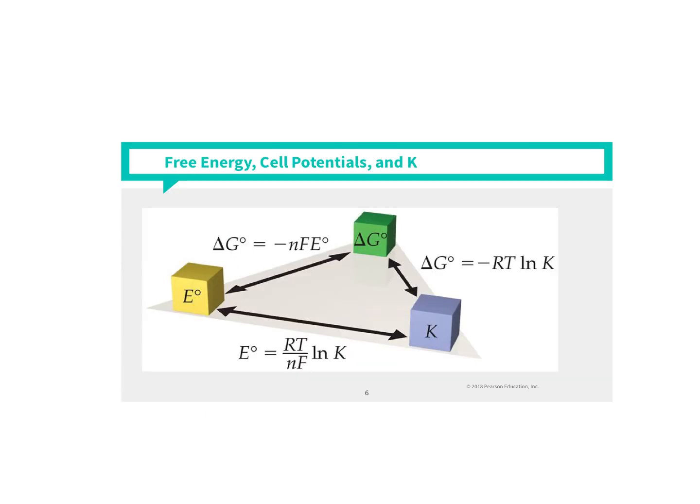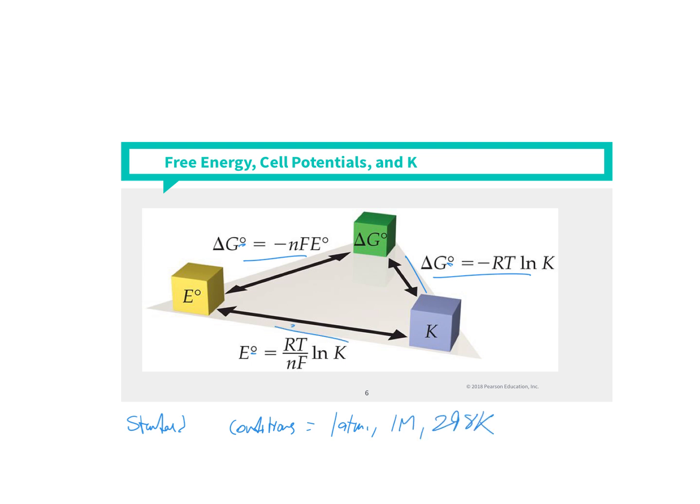And so at the end of the day, we end up with these three different relationships that we can use to look at equilibrium, free energy, and cell potentials. The relationship between delta G and our cell potential E naught is delta G equals minus NFE. Then you also have a relationship between delta G and K, which is delta G equals negative RT log K. And again, remember these are all at standard conditions, which, as a reminder, is 1 atmosphere, 1 molar, 298 Kelvin.